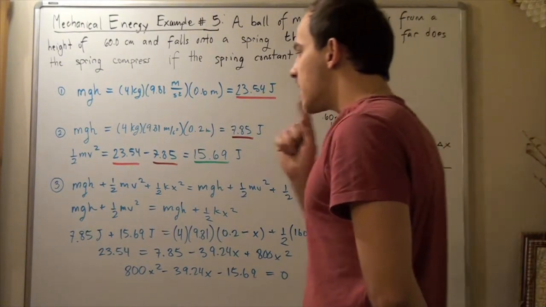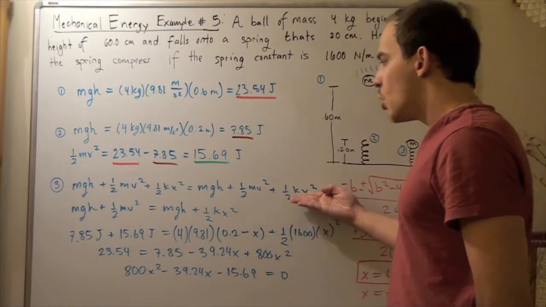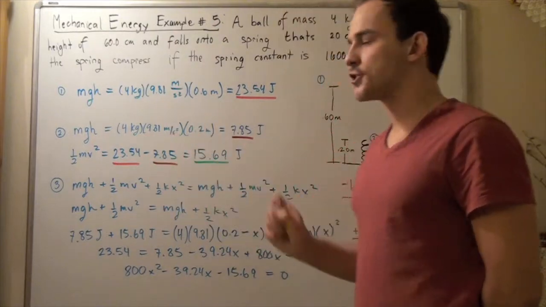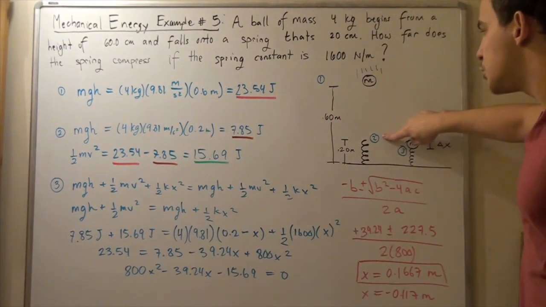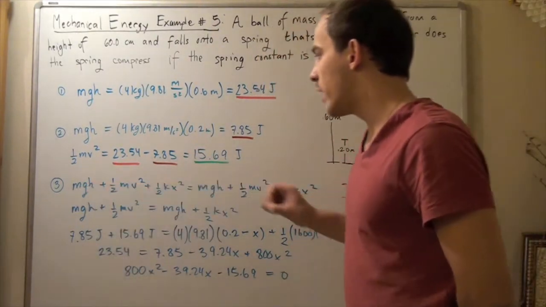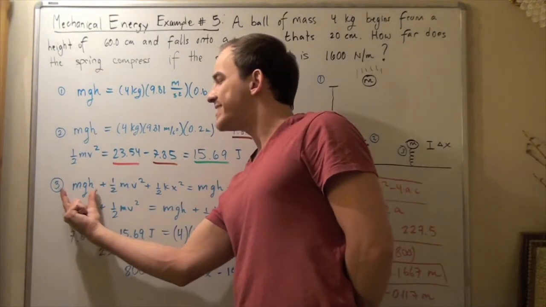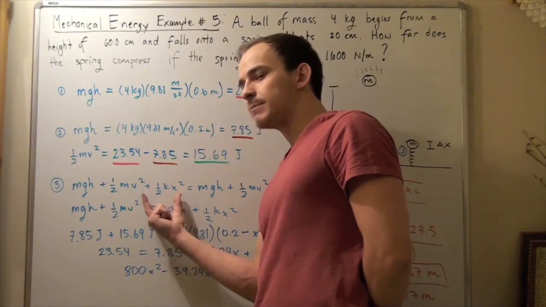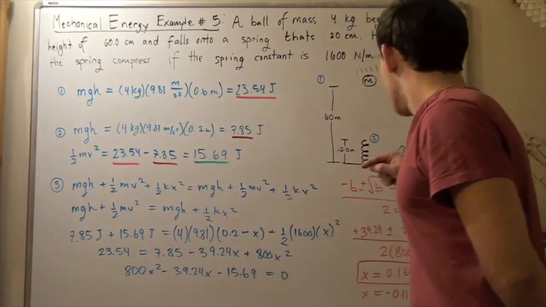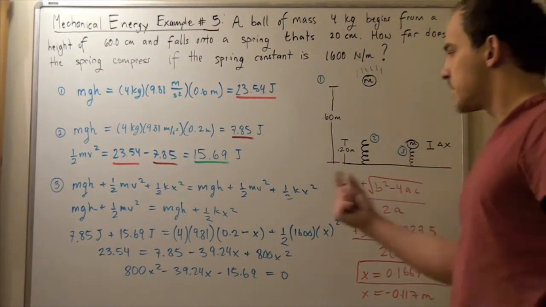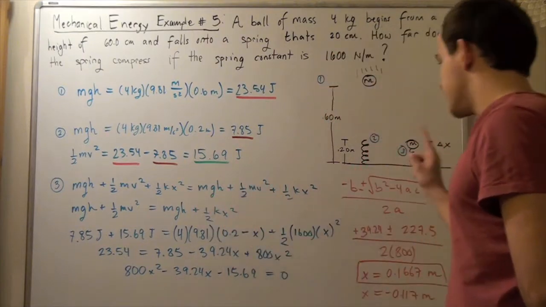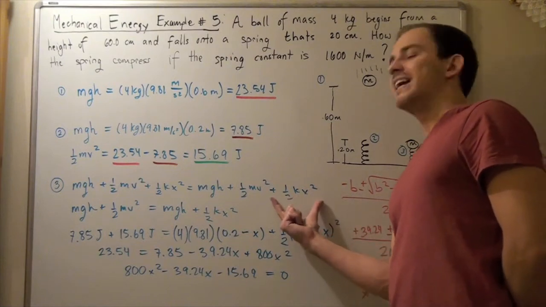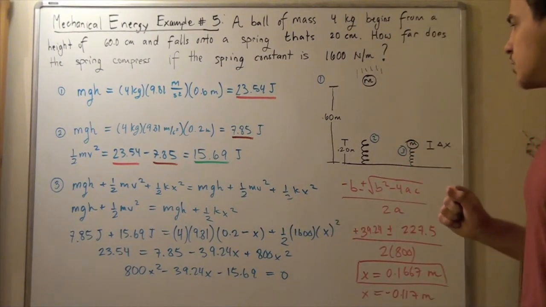So we set up the following long equation, which tells us that our mechanical energy is conserved. At position 2, we get the following equation: our gravitational potential plus our kinetic energy plus our elastic potential energy is equal to everything in position 3. So our gravitational potential in position 3 plus our kinetic energy in position 3 plus our elastic potential in position 3.